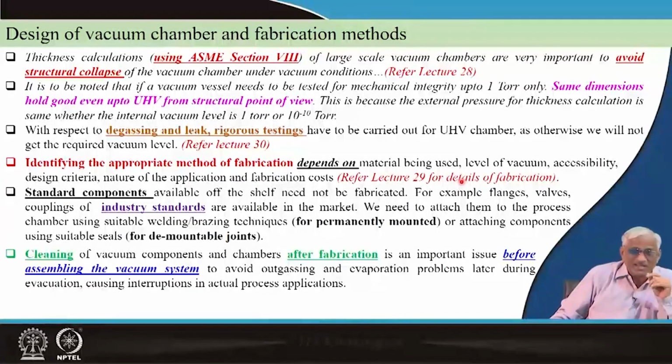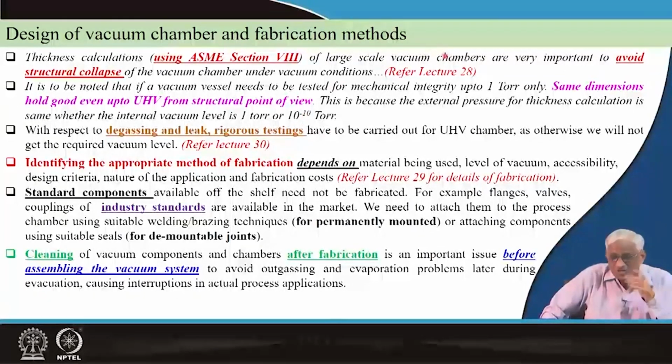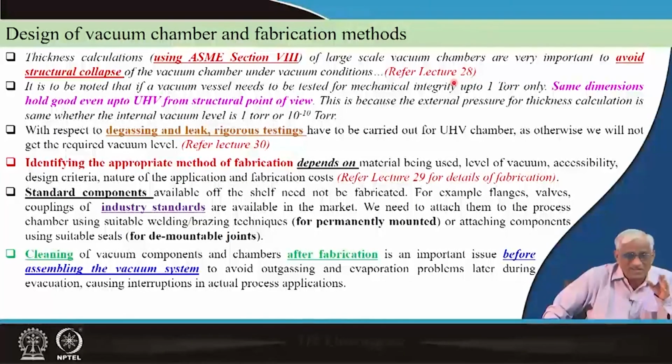But a vacuum system designer must be able to get a feel of fabrication issues like ASME Section 8 vacuum vessel design, which we have discussed in lecture number 28 for making the thickness calculations. You may not stick to that thickness, but you should know, 5 mm, okay, 8 mm does not matter, anyway for ultra high vacuum, thickness more, diffusivity less, I will gain somewhere like that.